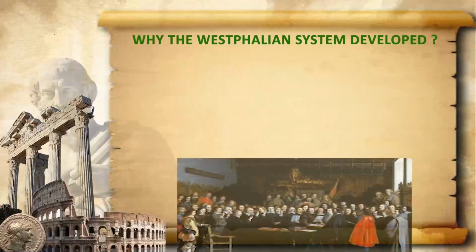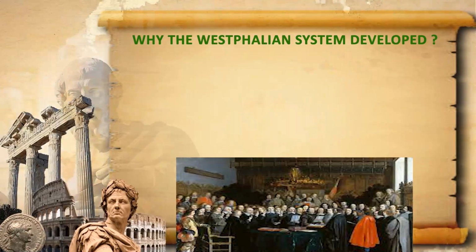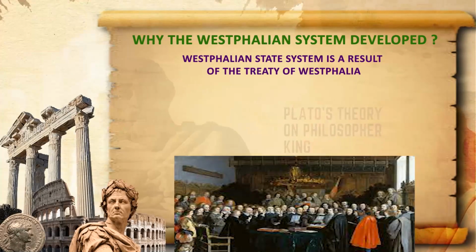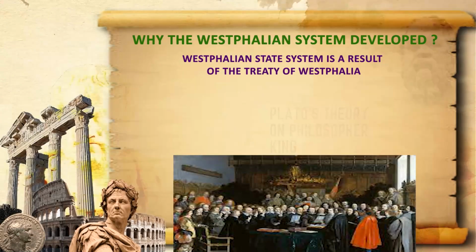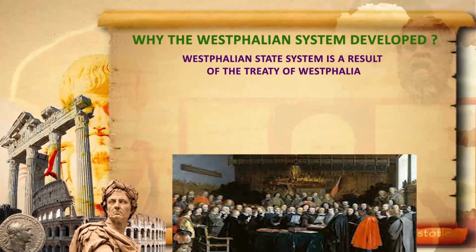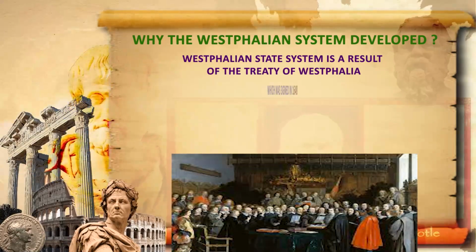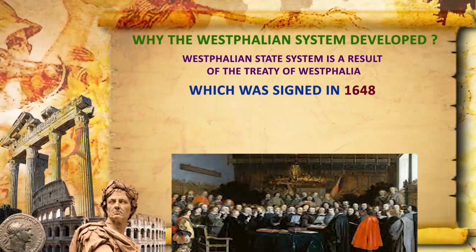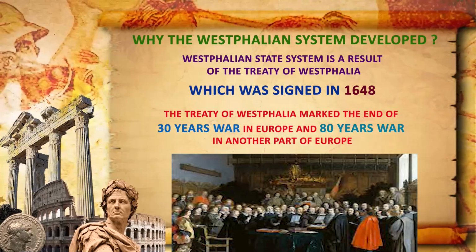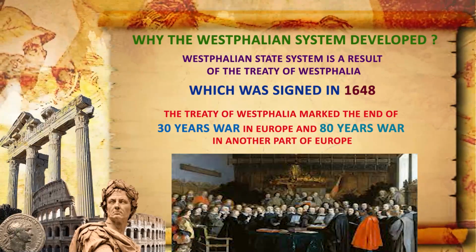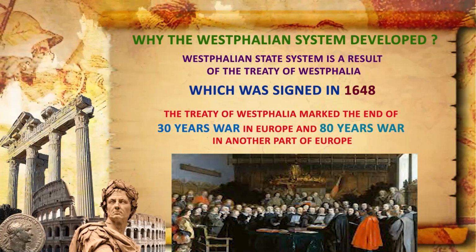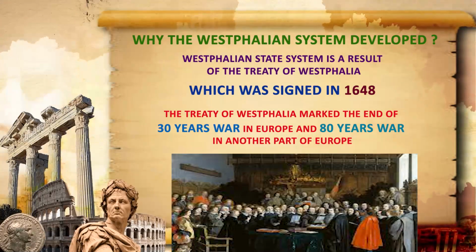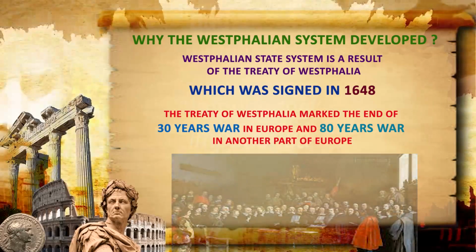The question is, why did the Westphalian state system develop? The Westphalian state system is a result of the Treaty of Westphalia, which was signed in the year 1648. This Treaty of Westphalia marked the end of the 30 Years War in Europe and the 80 Years War in another part of Europe.